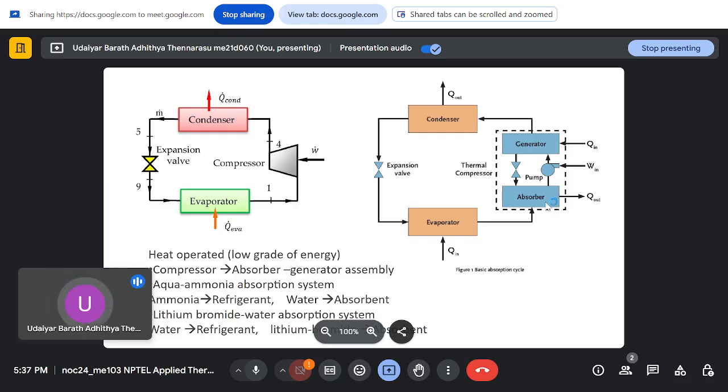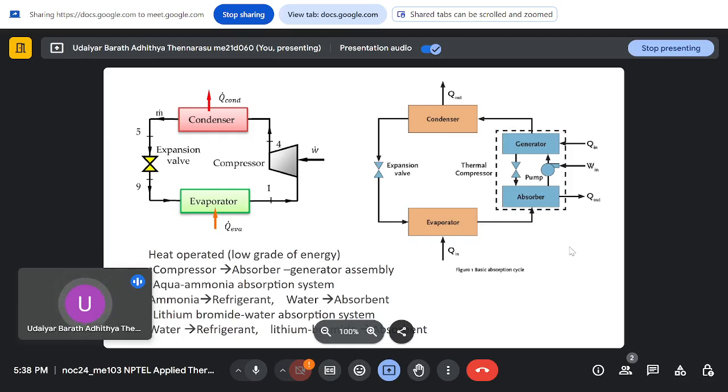If you have any excess heat in a plant which you are dumping, even though it has some energy which can be utilized, you can run this thermal compressor and use that heat, which will generate the vapors. That vapor is sent to the condenser, and the absorbent is brought back via a valve to the absorber. So this is how a vapor absorption refrigeration system works.